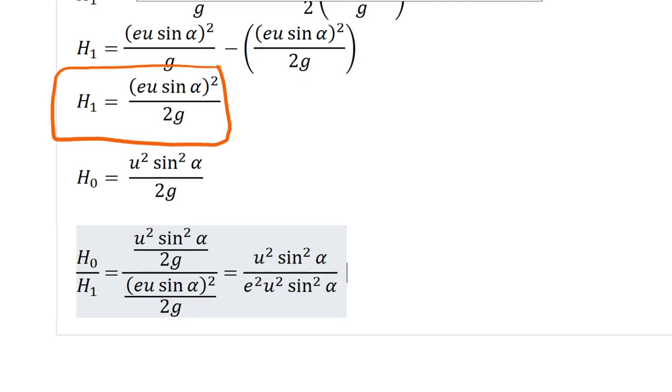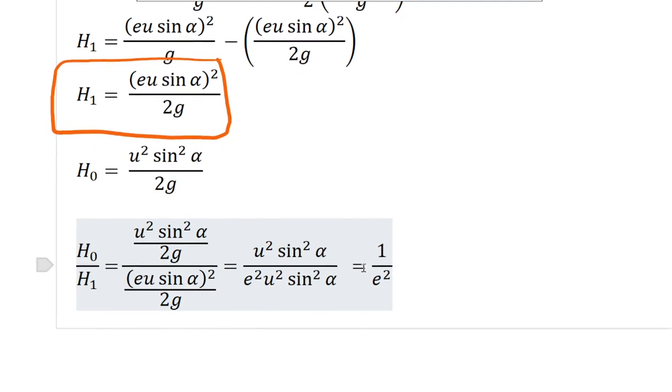Okay, and we have the U squareds cancelling, the sine squareds cancelling, and we're left with 1 over E squared, where E is the coefficient of restitution. So that's a nice little bit of symmetry there, I think.